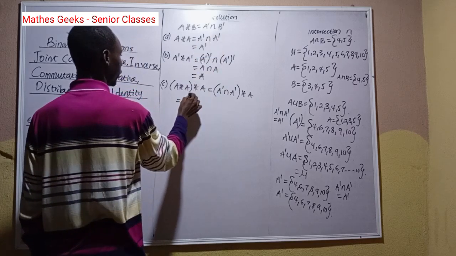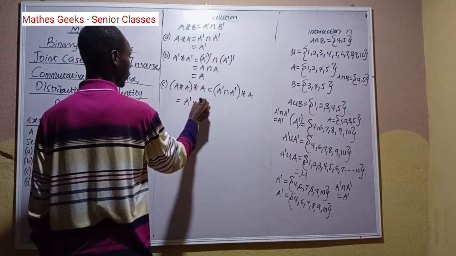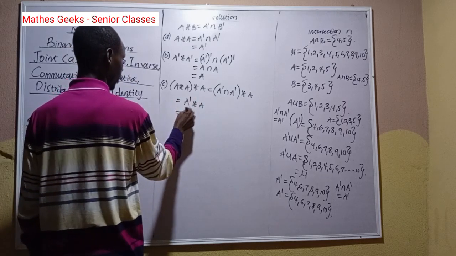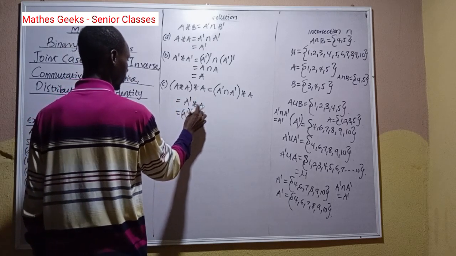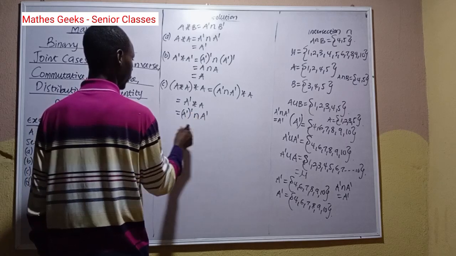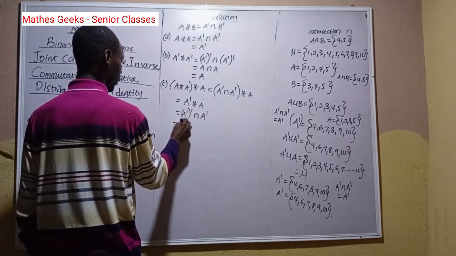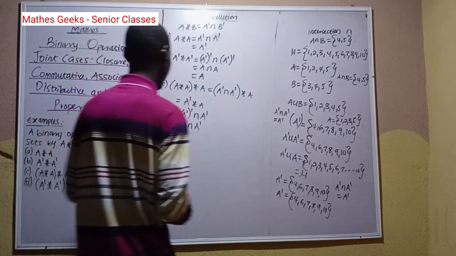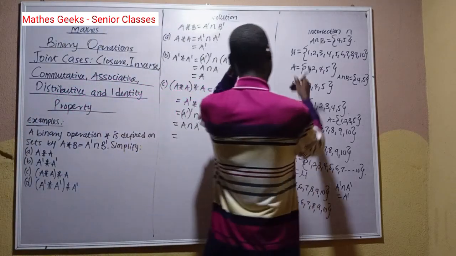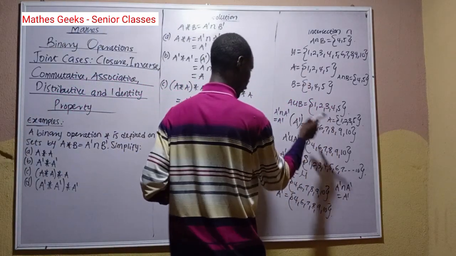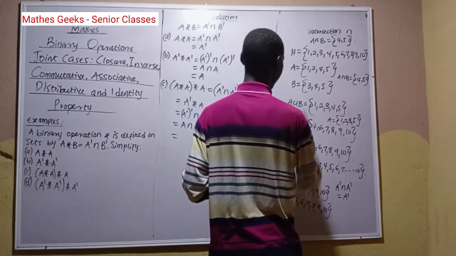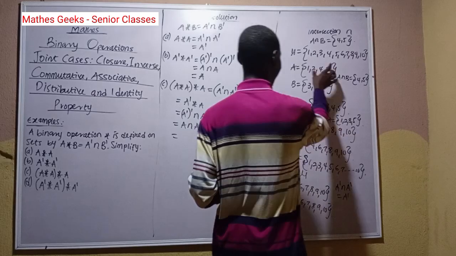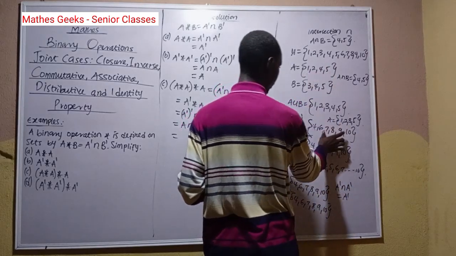So we have A complement star A. This part will give us A complement intersection A complement, so here it gives us A intersection A complement. This is set A and this is the set of A complements. Between this and this, what elements are in this set as much as in this set?